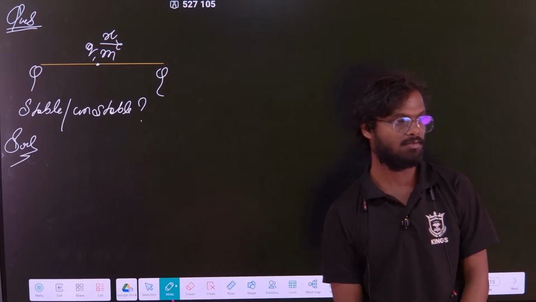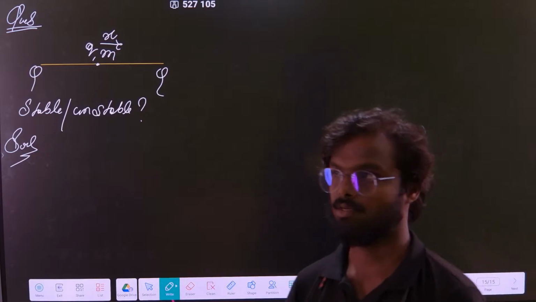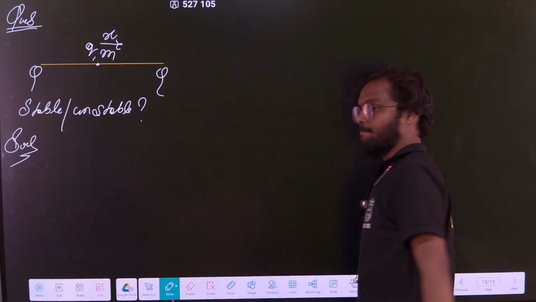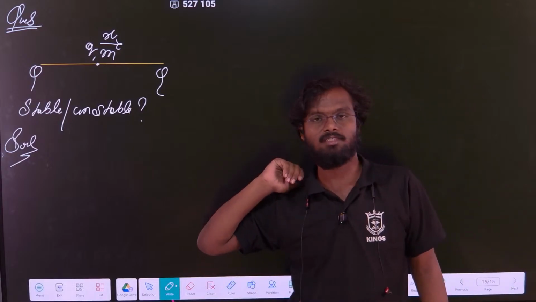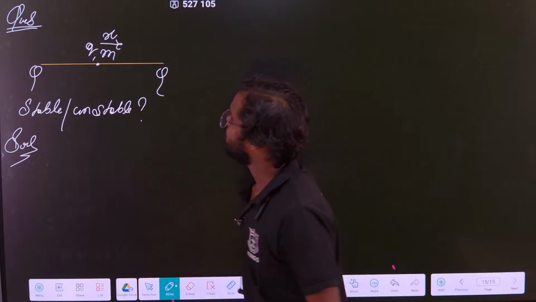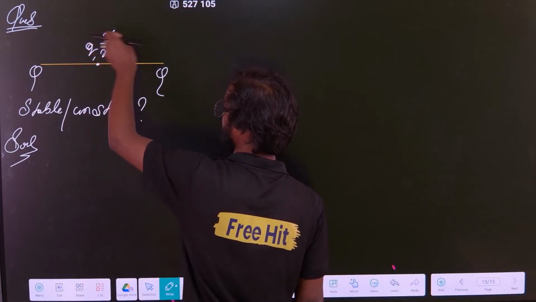If you know the basics, you can easily tell whether it is a stable or unstable equilibrium. Just a simple question. Just give me 1 minute. See what you have to do. How to check? You have to displace the charge in this direction. So this is my x direction.